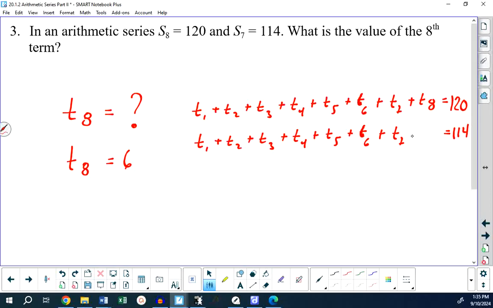If I subtract these, T1 plus T2 plus T3 plus T4 plus T5 plus T6 plus T7 plus T8 minus T1 and minus T2 and all of that, all we're going to be left with is T8. Right? If I subtract, all I'm left with now is T8 is equal to 120 minus 114, which is 6.